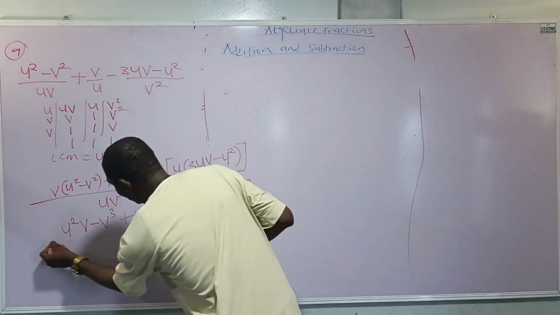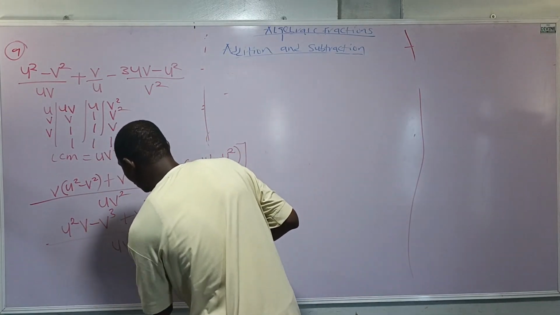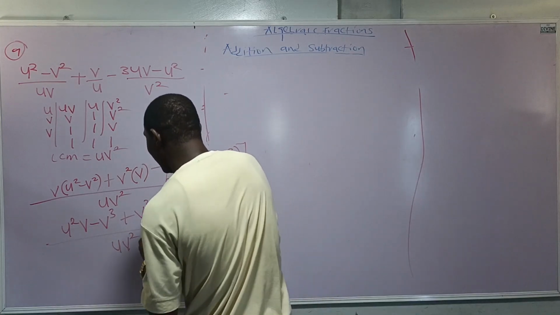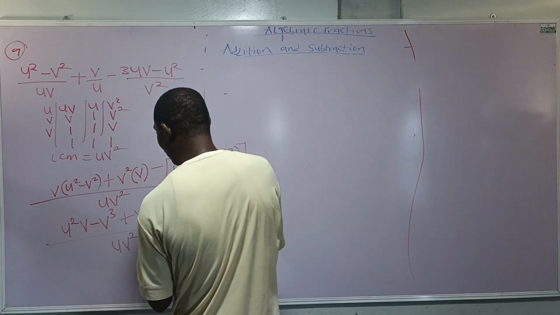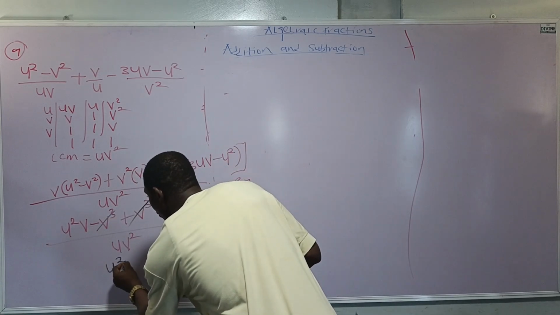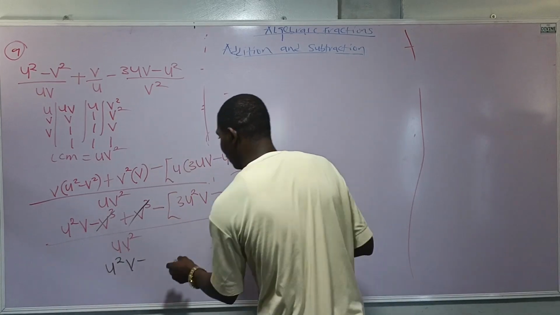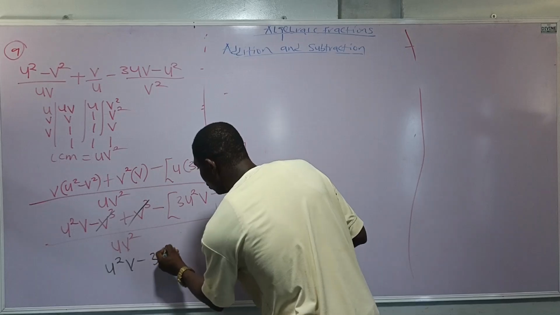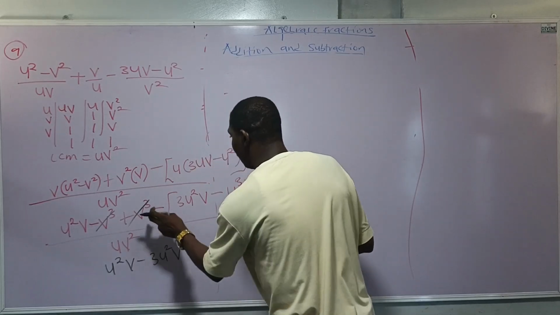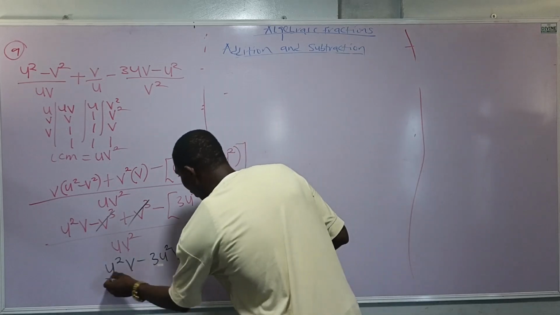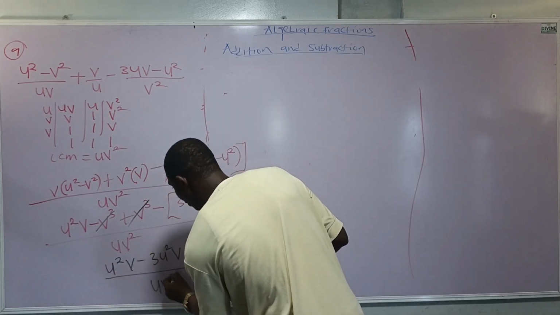Close my bracket, all over uv square. Now, you can simply see that minus v cube plus v cube will cancel to give me 0. And I have u square v minus 3u square v, minus times minus will give me plus u cube, all over uv square.